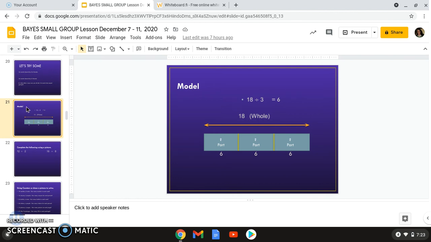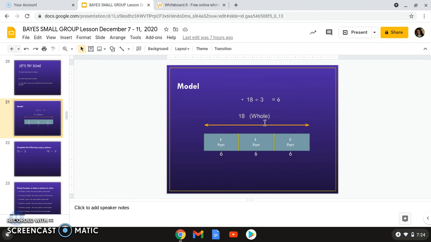Now, if you look in this area where it's split up, it's showing that I have 3 parts. These 3 parts, when put together, should equal 18. So if I'm putting 6 plus 6 plus 6, I know that 6 plus 6 is 12, plus 6 more is going to equal 18. So whatever goes here, and remember that we're using division and it has to be equal, we're wanting equal amounts for each person, then I can put these together to get 18.